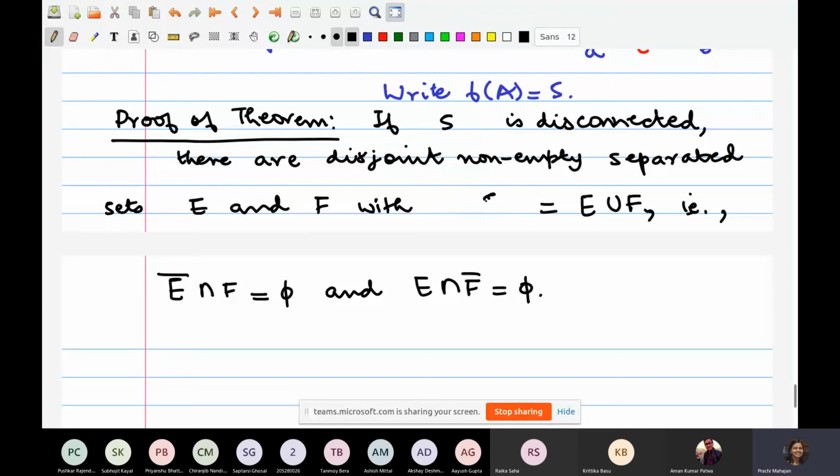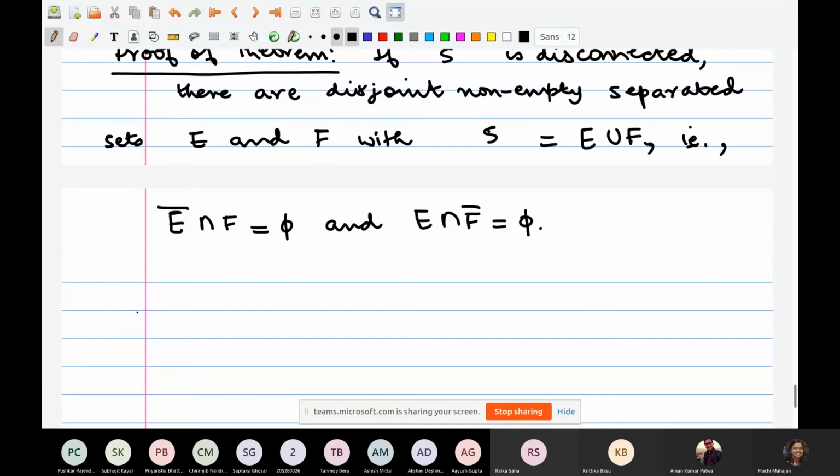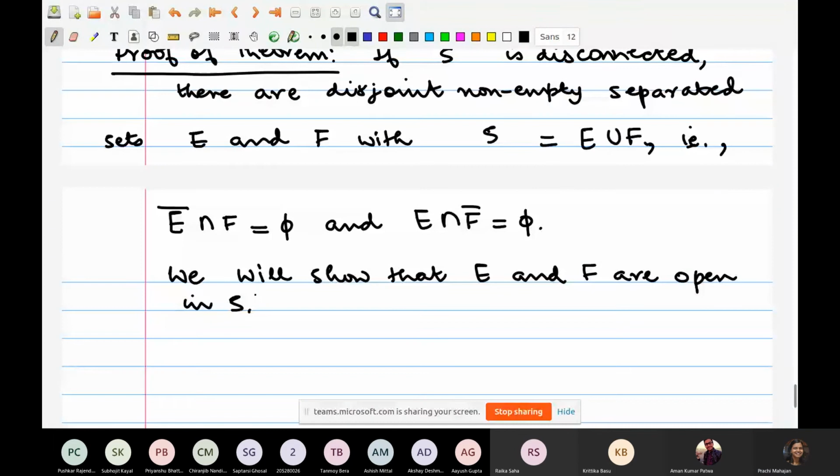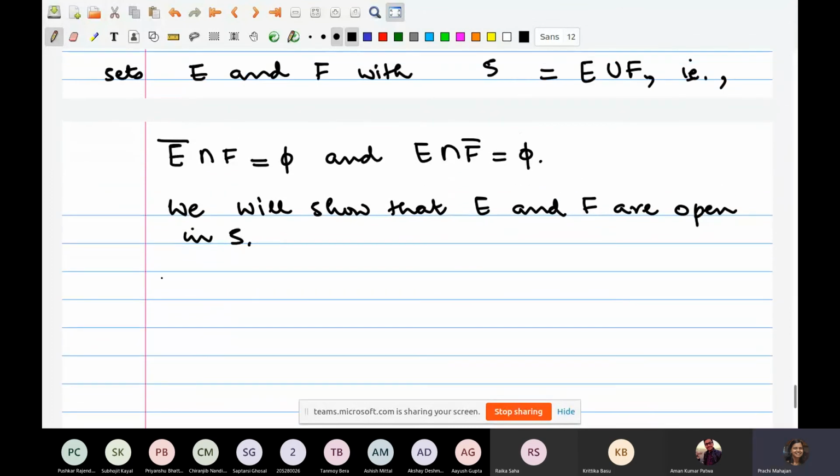So the first claim that I am going to make is that both E and F are in fact open in S. So we will show that E and F are open in S. Let's see how we show this, and why I need this.